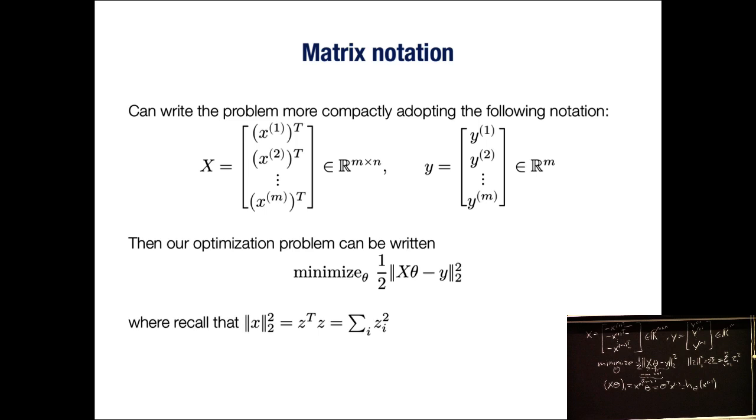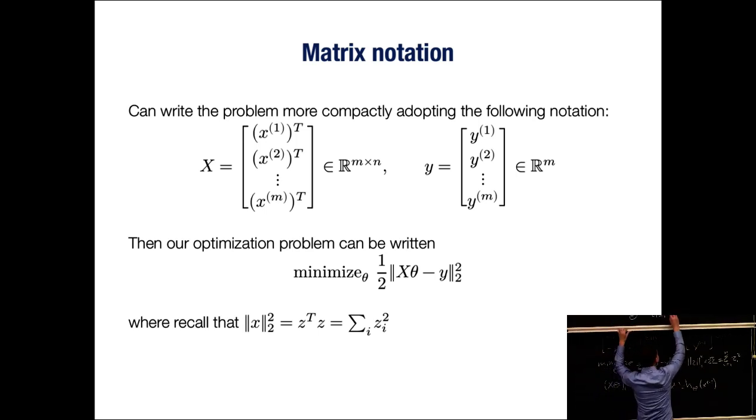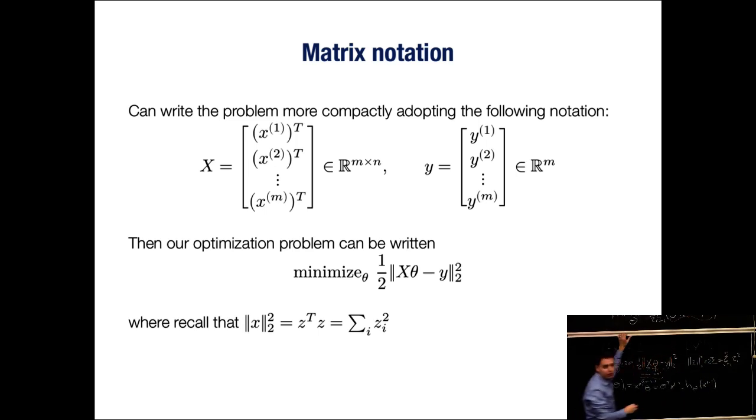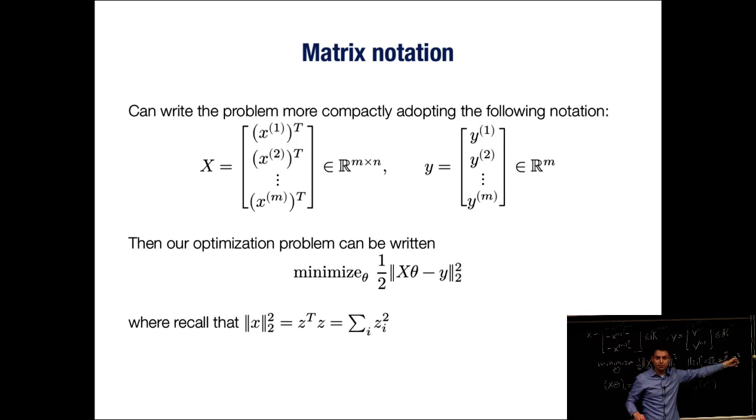So this term minus this term is the vector of the differences between our hypothesis function and the corresponding y. Take all those things and square them. So this term here is the ith entry of that vector, and then the 2-norm squared is just the sum of the squares of all the components, which is exactly our objective over there.